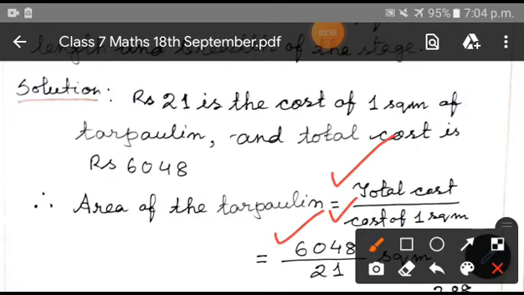So the total cost is 6048, which has been divided by 21. Why are we dividing? Because this is the total cost of the cloth that is required and it has been divided by 21 because 21 rupees is the cost of 1 square meter.